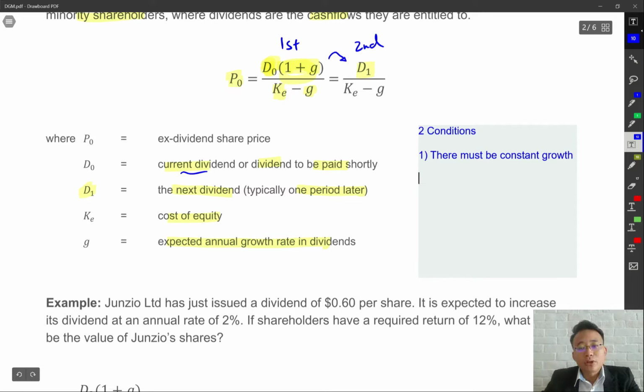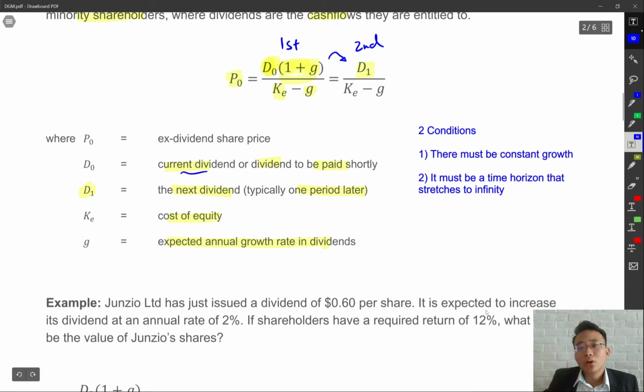So there must be constant growth, and the second one is an important criteria too. It must be a time horizon that stretches to not 10 years later, not 20 years later. It must be a time horizon that stretches to infinity. So, with these two conditions, when they are met, we can start with executing this formula.